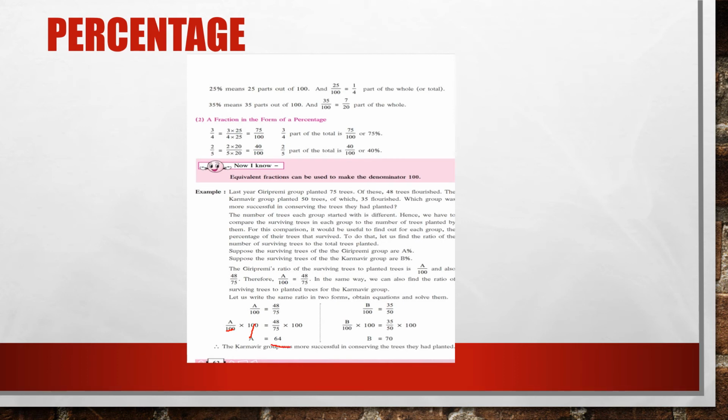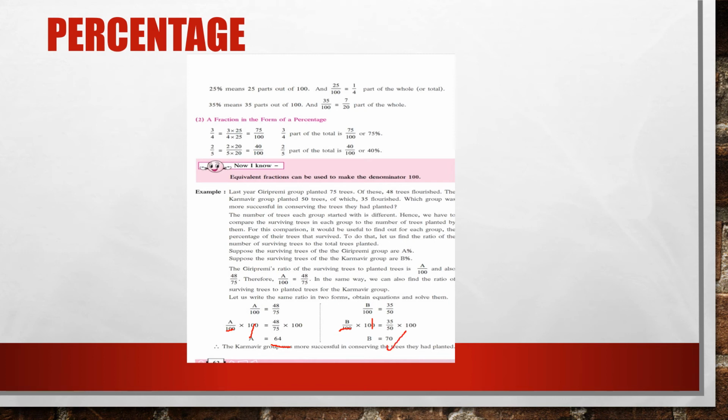Same way, B upon 100 into 100, the 100 and 100 will get cancelled, and on the right hand side you will be left with B is equal to 35 upon 50 into 100. Correct? So your answer is 70%.